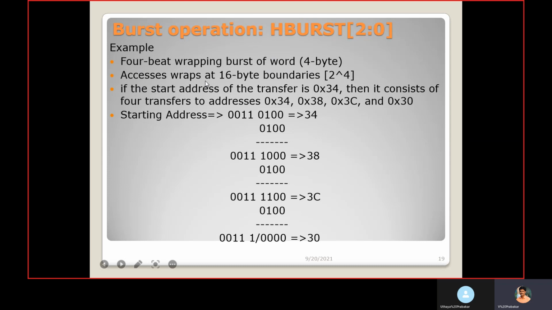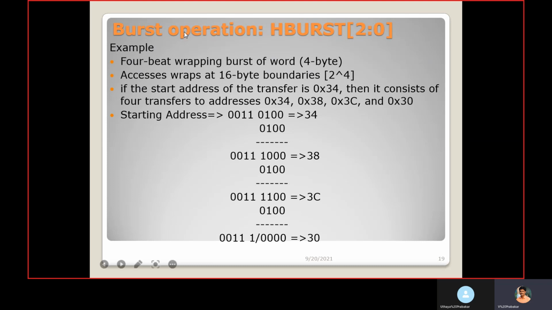So the access wraps at 16-byte boundaries. There are 4 beats, 1, 2, 3, 4, and in each beat 32 bits of data is transferred, that is 4 bytes.